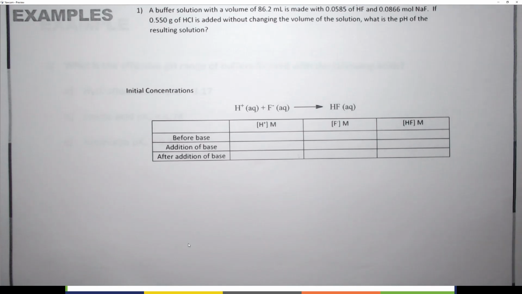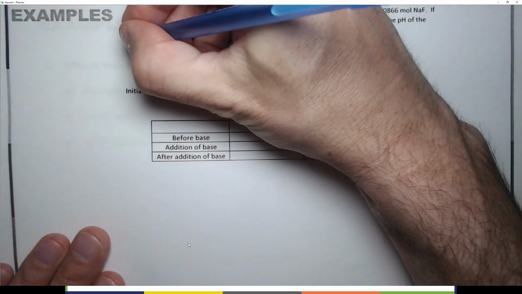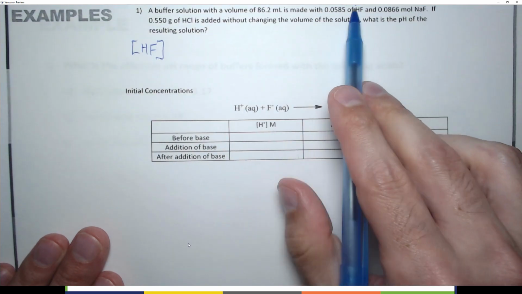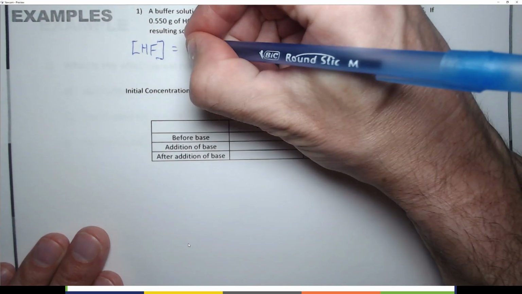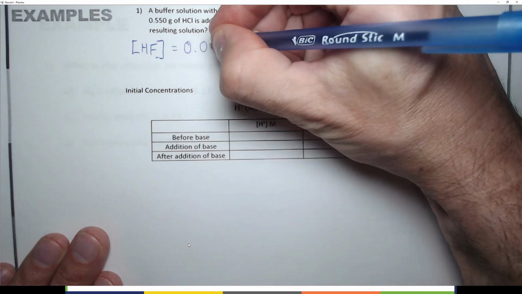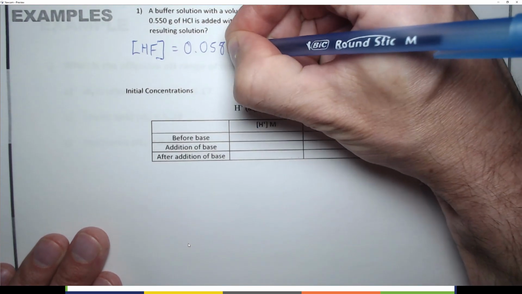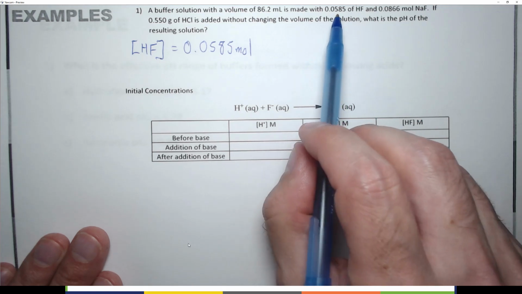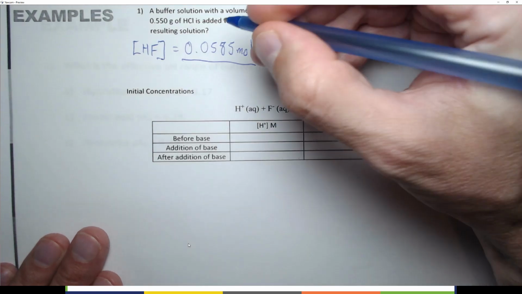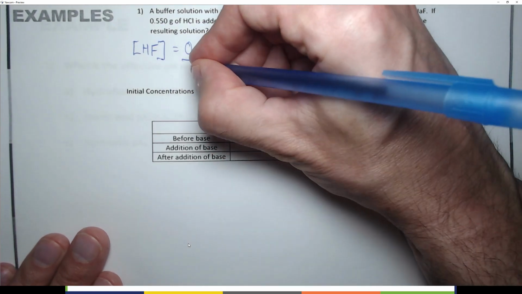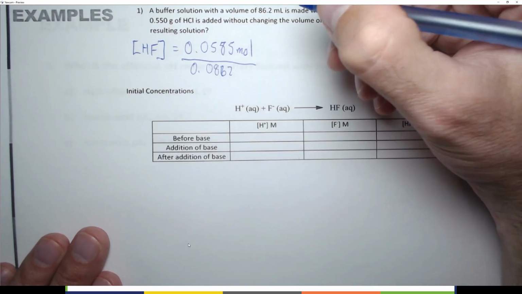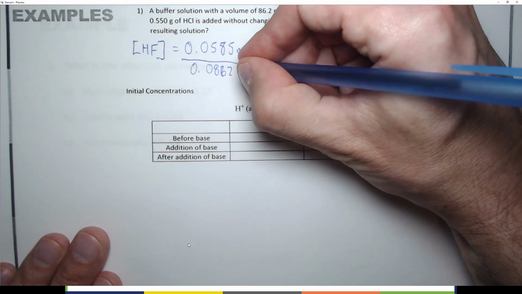So again, we need to first find the molarity of each of the different things. So for HF, we have the moles and we have the volume. So we want to take the 0.0585 moles and divide that by the volume in liters. So divide that by 1,000, which is 0.0862 liters.